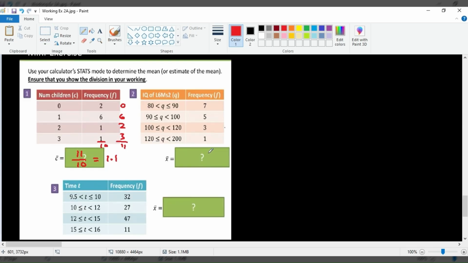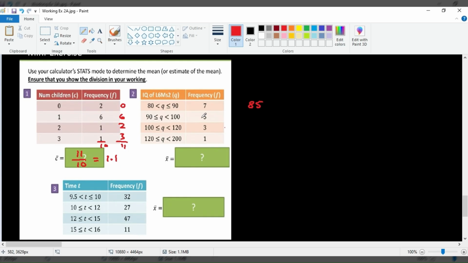As you can see in the second part, it says the IQ of L6Ms2 is 80 to 90, next is 90 to 100, and 100 to 120, and 120 to 200. So the first thing we need to find out is the midpoint. Midpoint of the first one is going to be 85.